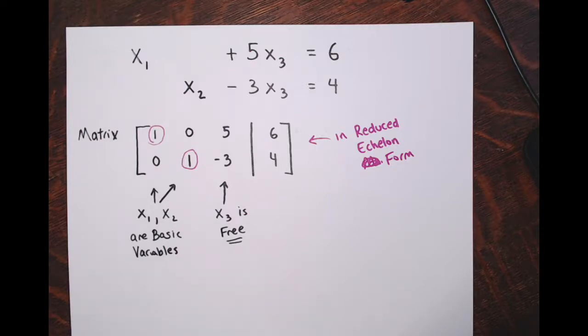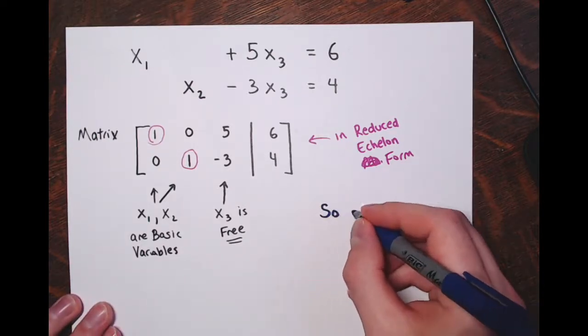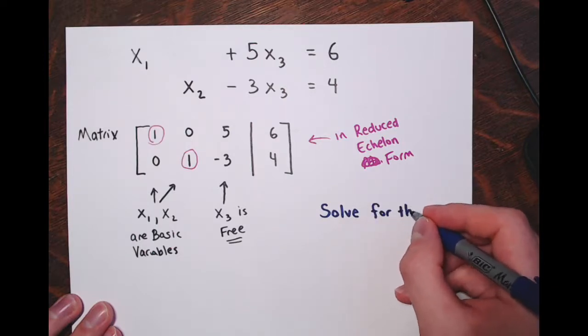This system will have infinitely many solutions. All right, so now, when I try to write the general solution of the system, I'm going to write it in terms of the free variable. That means solve for the basic variables.